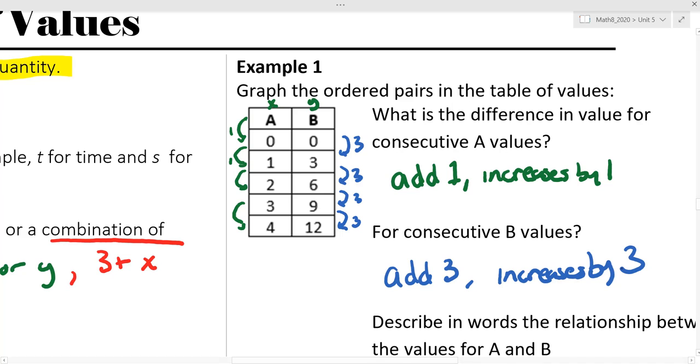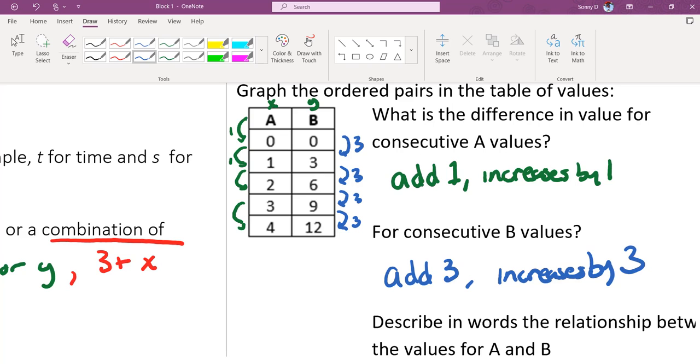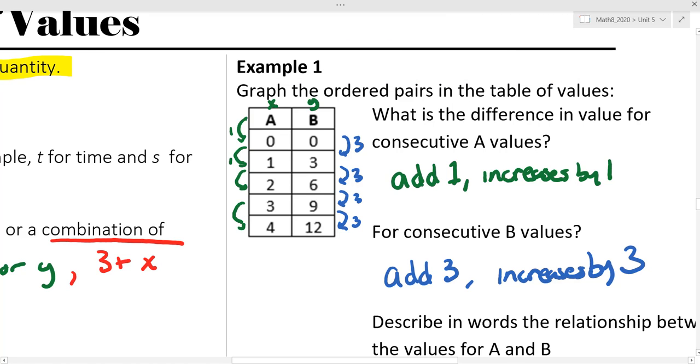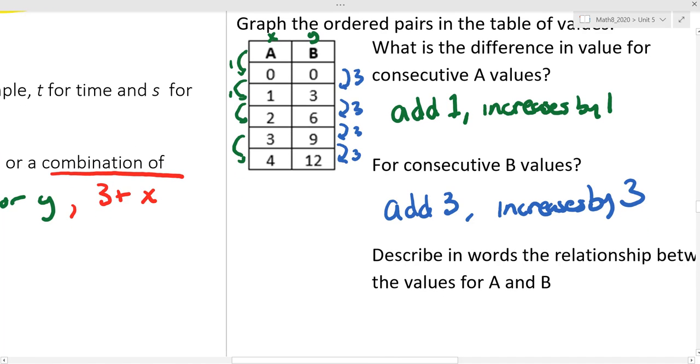And the third question now is, what's the relationship between A and B? To go from A to B, what do you have to do? Divide by 3? No, to go A to B. Oh, times by 3.